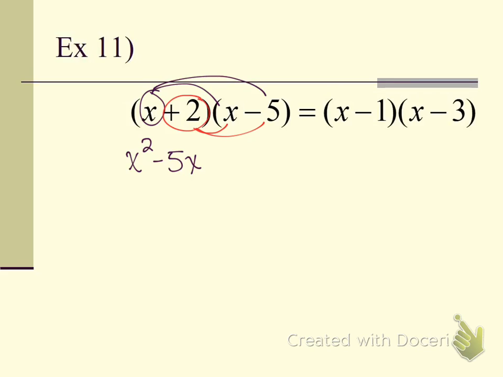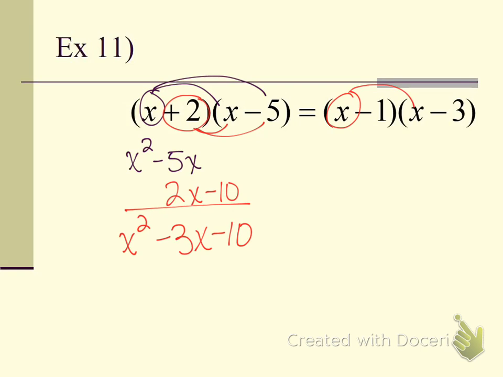Okay, 2 now gets distributed. 2 times x is 2x. 2 times negative 5 is negative 10. Combine your like terms. X squared, then negative 3x minus 10. And then we're just going to press pause on that while we go over and do the other side.